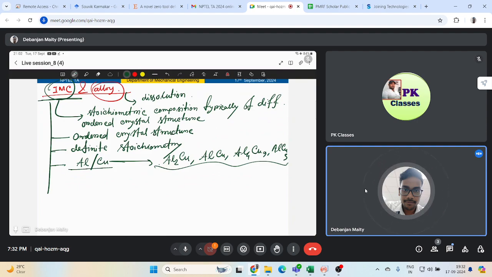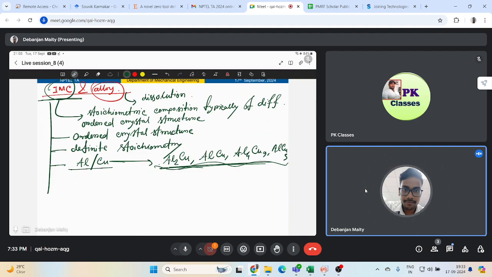The diffusion coefficient will also matter. Let's not divert very much. These intermetallic compounds may form depending on your process conditions.